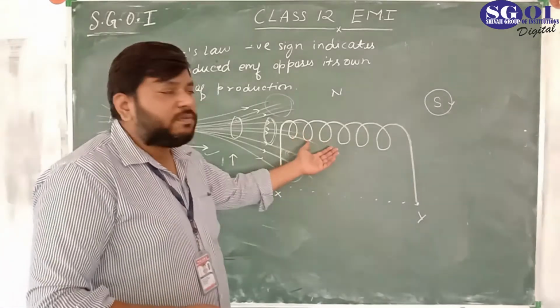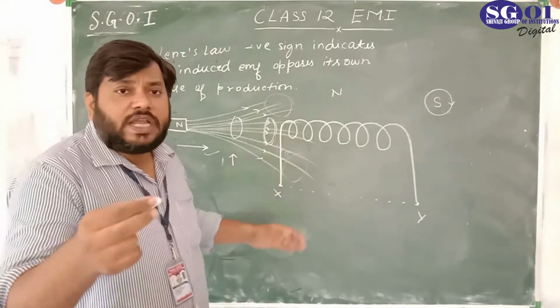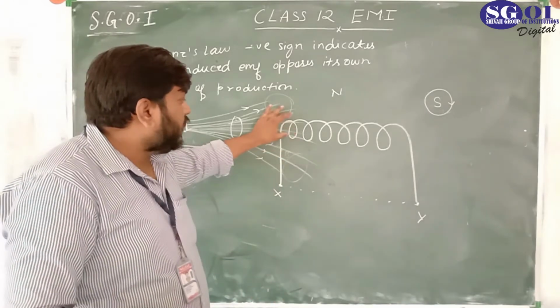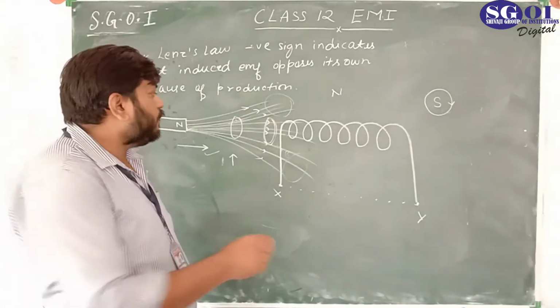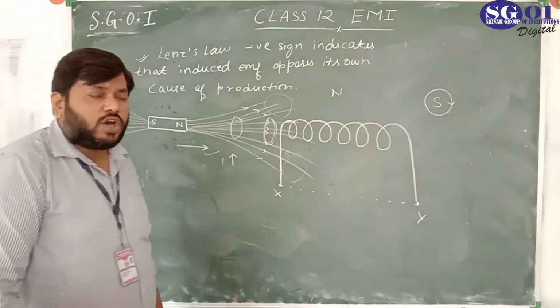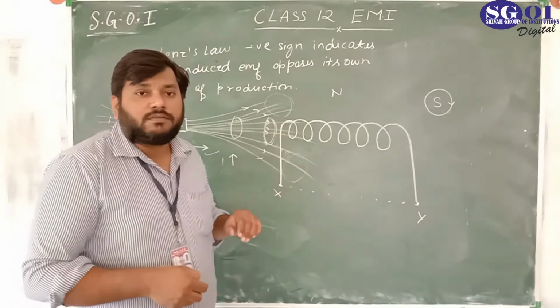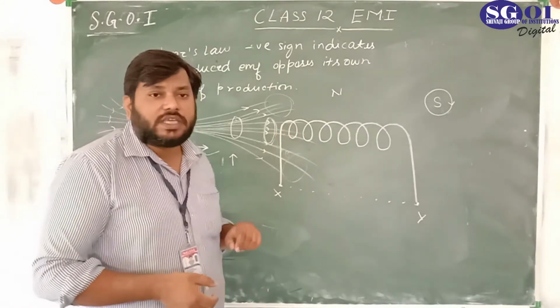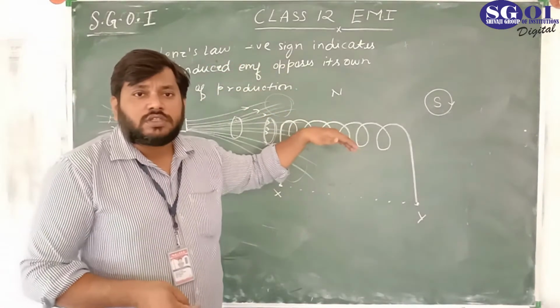So the induced magnetic field should be in the direction opposite to this magnetic field, because the induced field would try to overcome the increment in the flux linkage, because it has to oppose the cause of production.